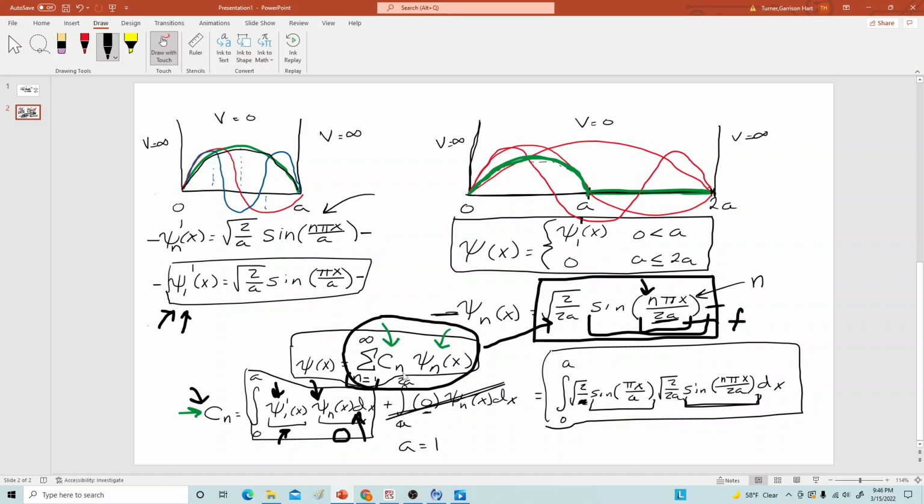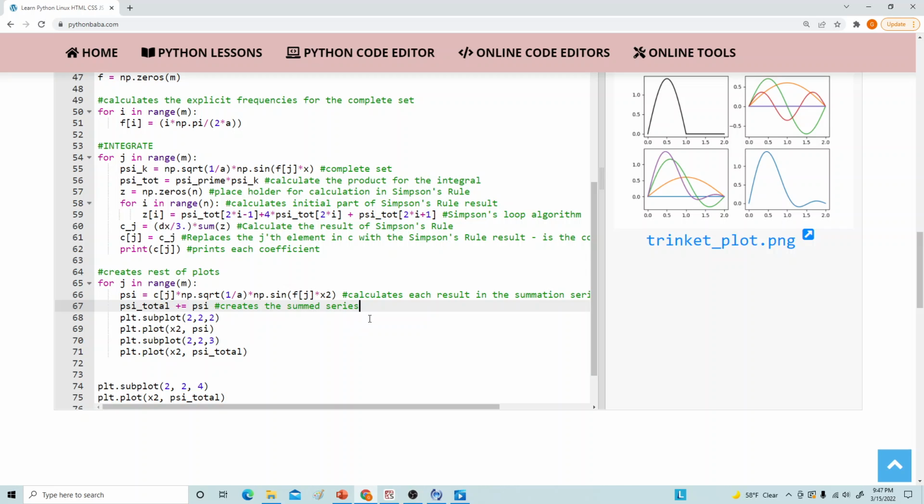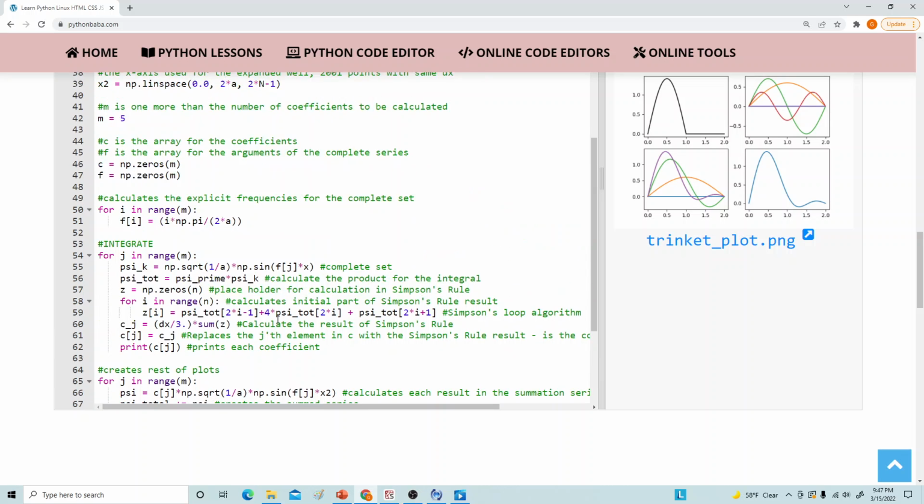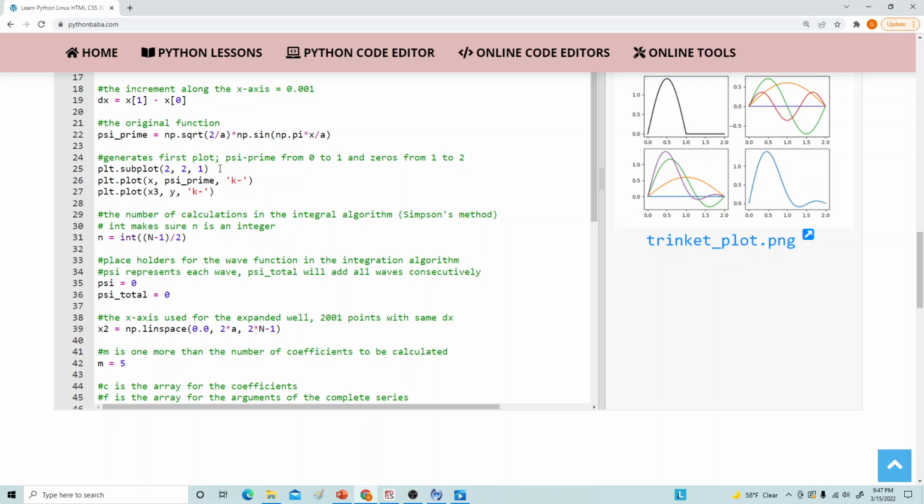So I'm taking C1 psi of 1 plus C2 times psi 2 plus C3 times psi 3 plus C4 times psi 4, and so on. Okay, so this creates the sum series. So this creates a subplot. Oh, that I should have mentioned something here.